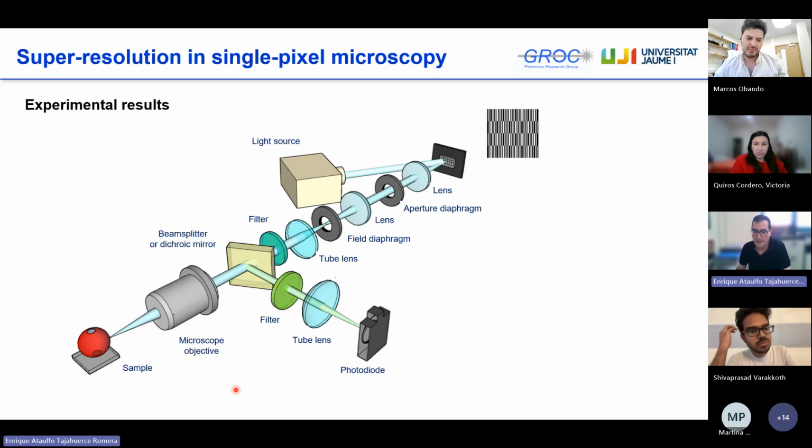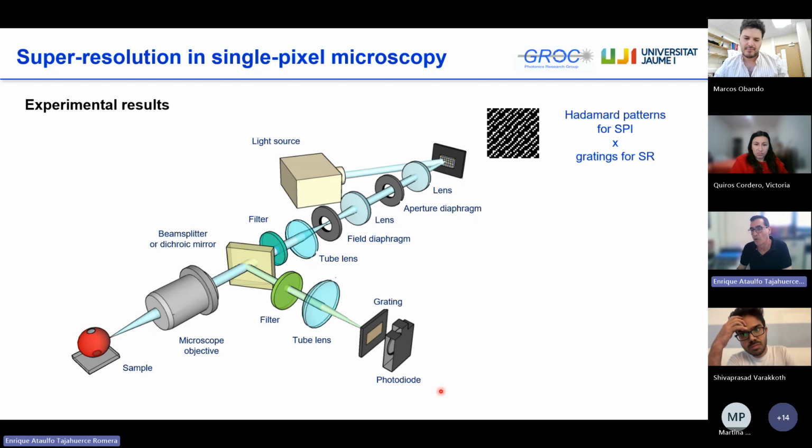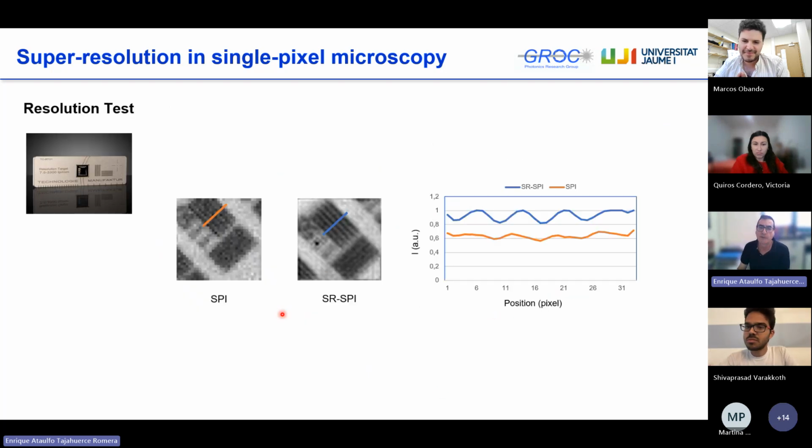By adding gratings together with our Hadamard patterns, and also gratings at the output if we want optical sectioning, we have proved that it is possible to get super resolution to improve the resolution of single pixel microscopes. If we compare our technique with the conventional one, you can see the improvement.